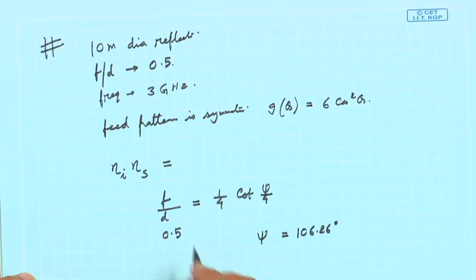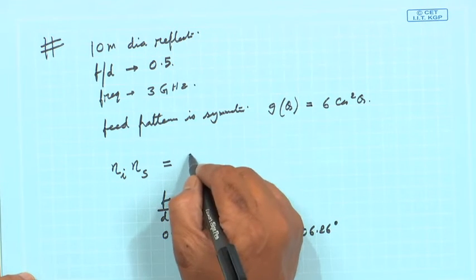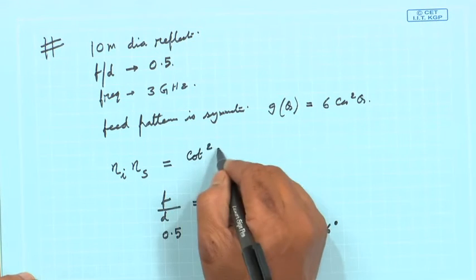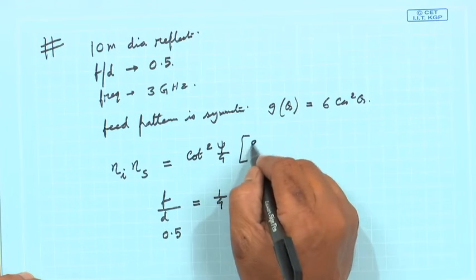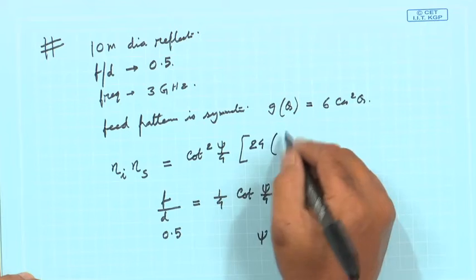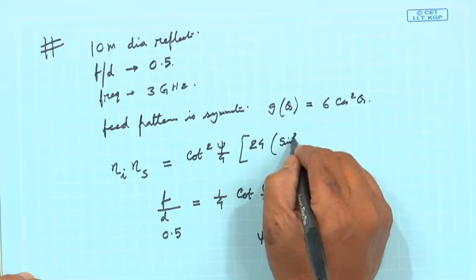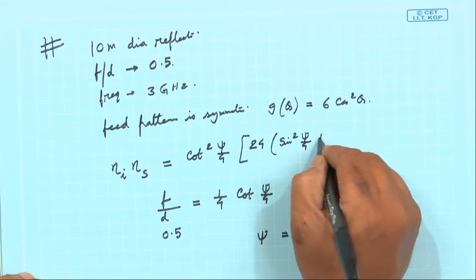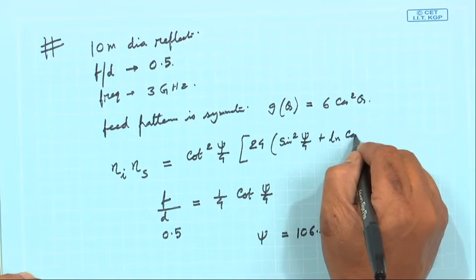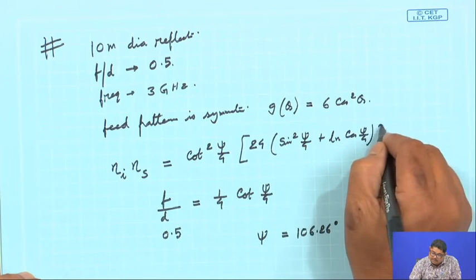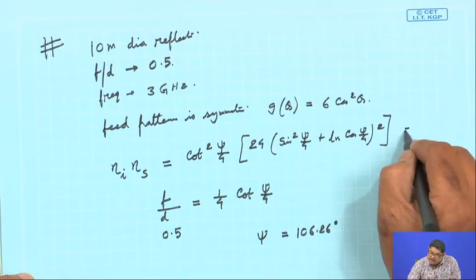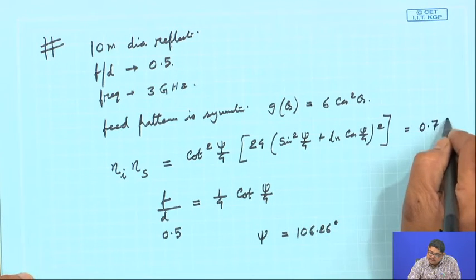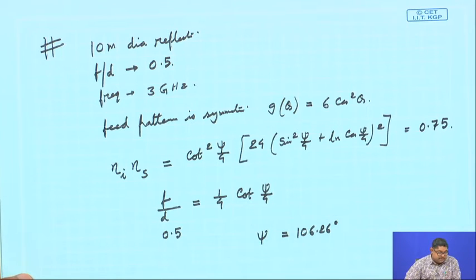Now we can find eta s, because eta s is cot squared (psi/4) times [sin squared (psi/4) plus ln cos (psi/4)] whole squared. This expression I have already given earlier. If you calculate, you will see that this value comes to be 0.75.